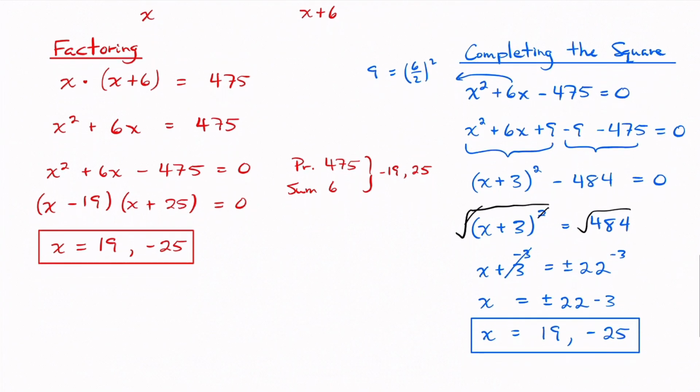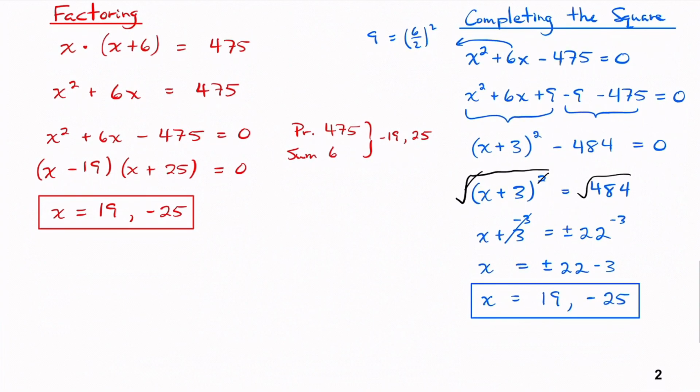So the last way I'm going to do this one now is just using the quadratic formula. Again, I'm going to start off by using this line here just to save me some work. So I know that a is 1, b is positive 6, and c is negative 475.